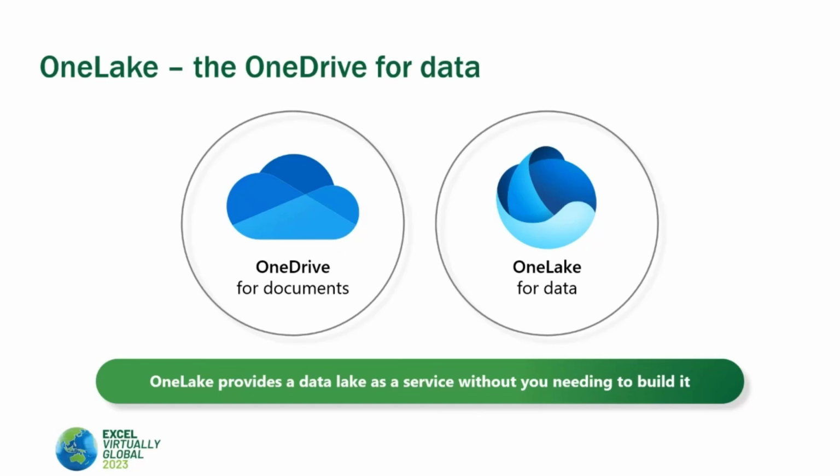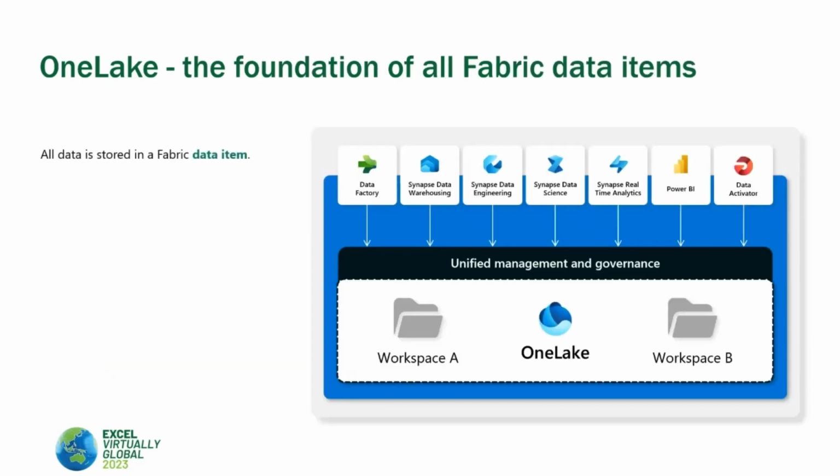It comes as a unified logical data lake for the whole organization. Automatically, whenever you have your Microsoft Fabric tenant, there is already one lake assigned to be a single place for all your analytics data, just like OneDrive is a single place for all your documents. So there is always one lake for each tenant.